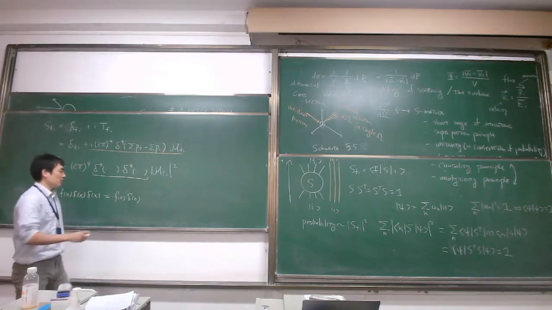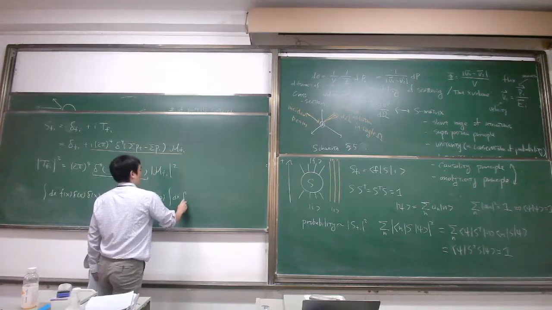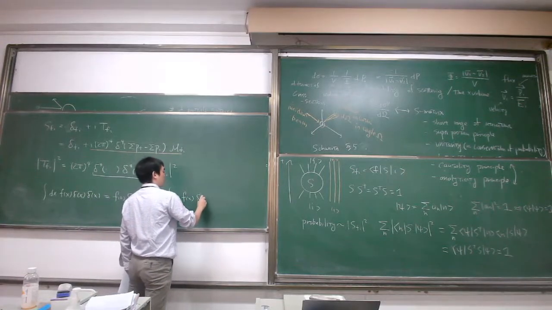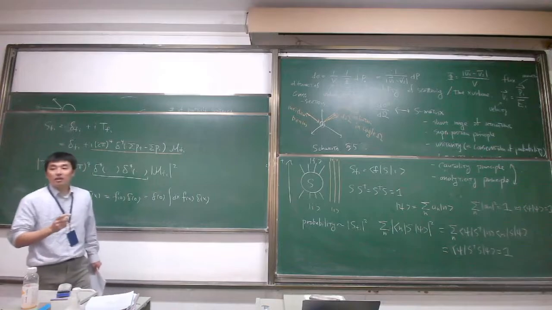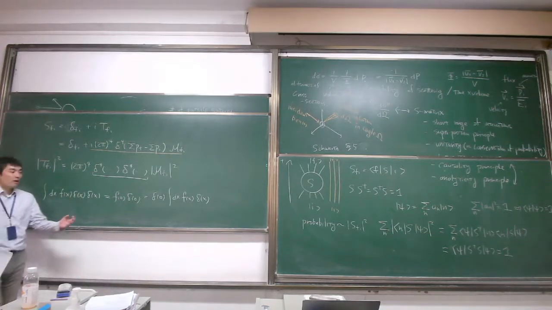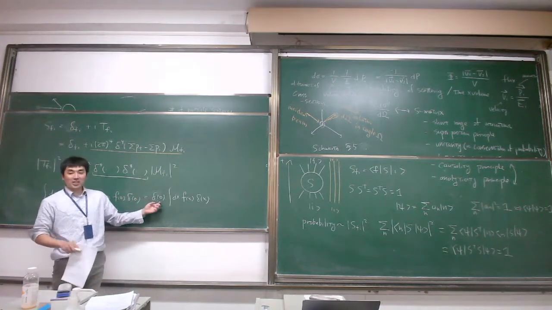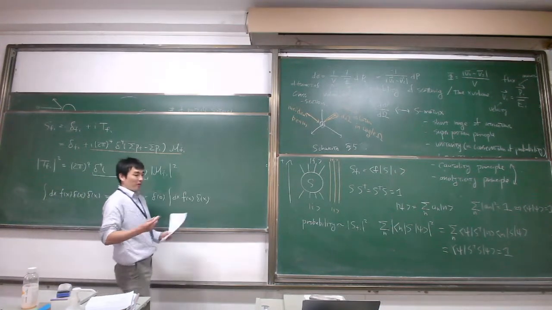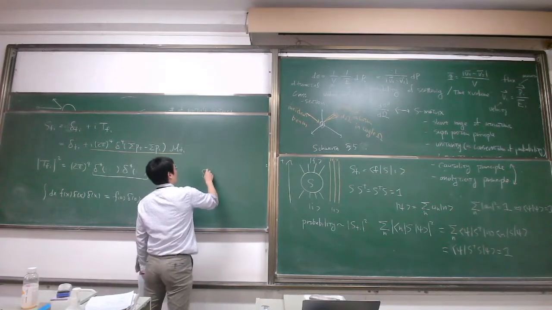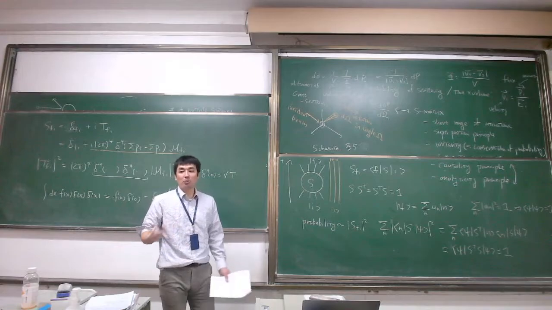So therefore this is equal to delta of 0 times the integral dx f of x delta of x. Do you agree with that? So you can just factor out delta of 0. And we know delta 4 of 0, we already encountered many times, is the volume times time, the volume of space-time.